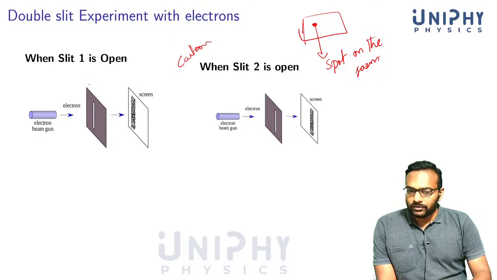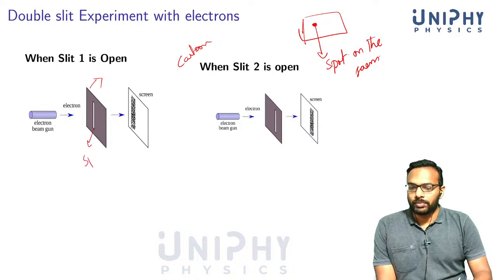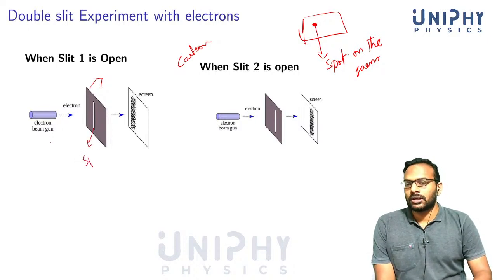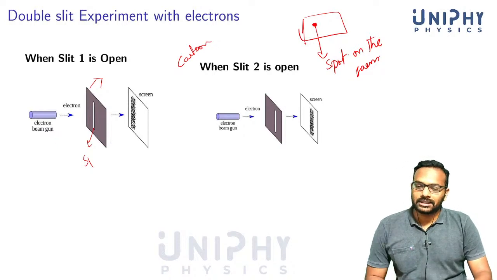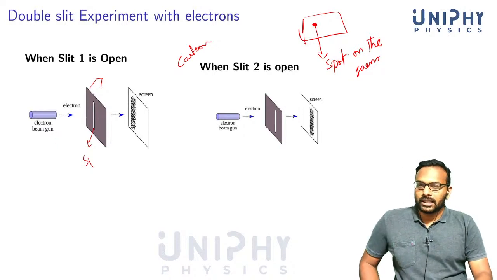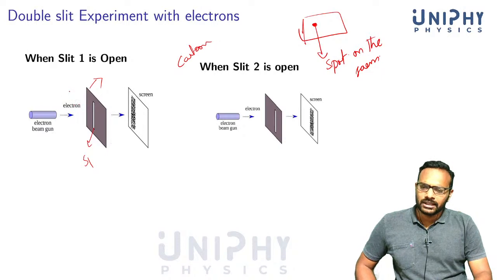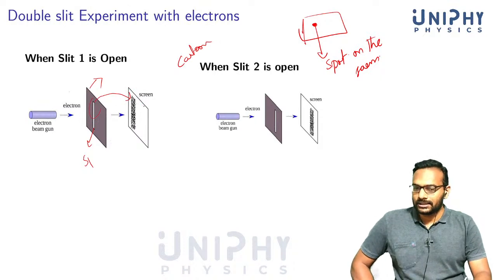Now what we do is keep the double slit arrangement first with only slit 1 open. We'll keep slit 1 open and send electrons through it. This is an electron beam gun, a very advanced kind of electron gun, which we can manipulate as we wish. So we are sending electrons to this single slit, and as expected, you see a pattern behind slit 1. Nothing surprising there.